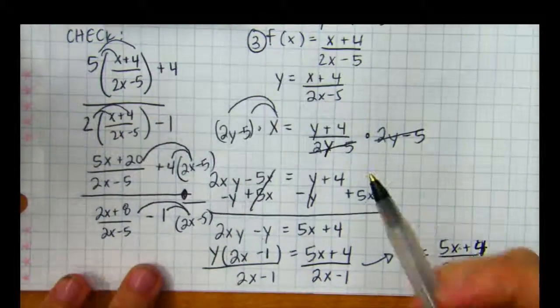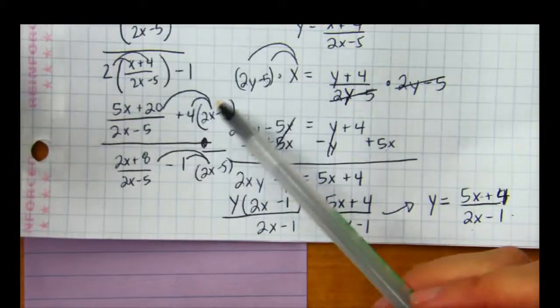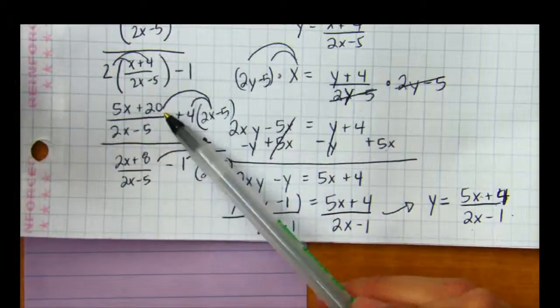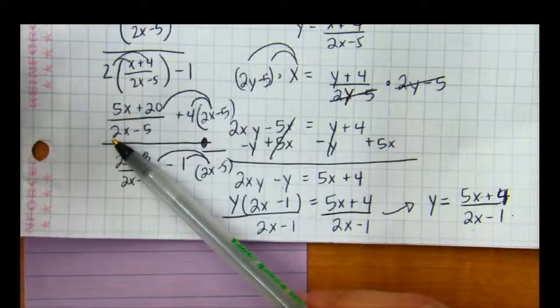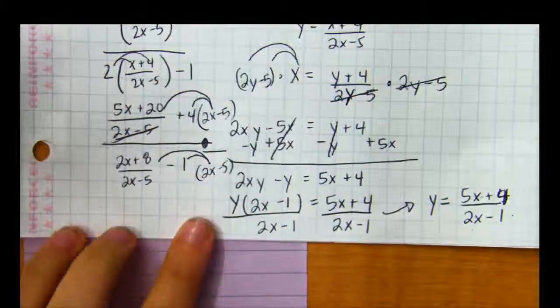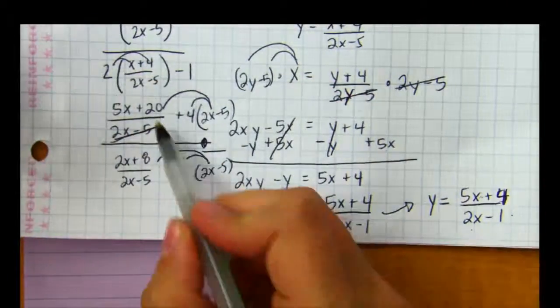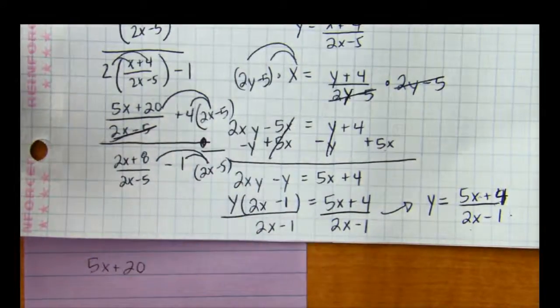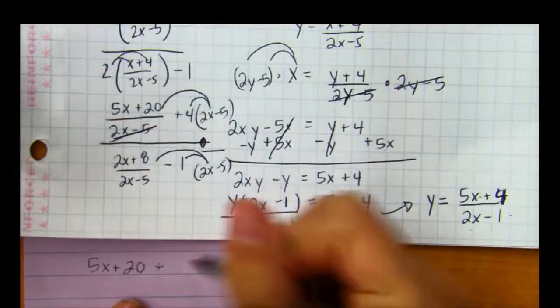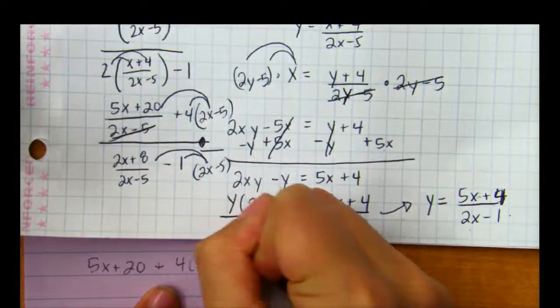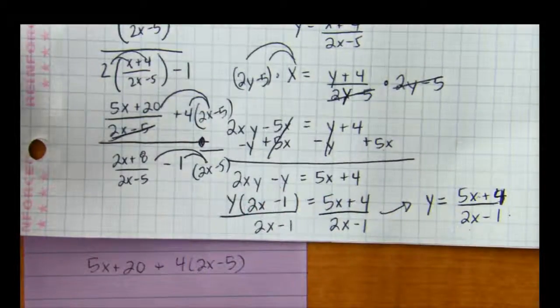Let's see what happens. I got tripped up on here because I ran out of room. Okay, when I multiply this fraction by 2x minus 5, the nice thing is that I'm going to have 5x plus 20 times 2x minus 5 in my numerator. That 2x minus 5 is just going to cancel out, so that I'm just left with my numerator, 5x plus 20. Okay, plus, and now I'm going to multiply my 4 times 2x minus 5. Okay, no big deal.